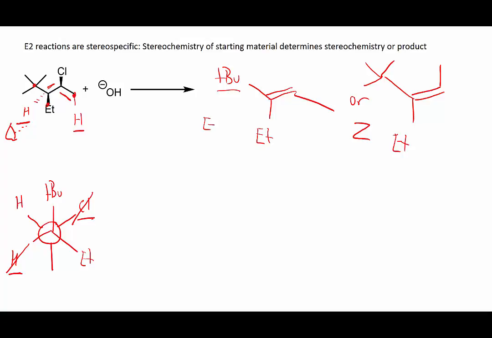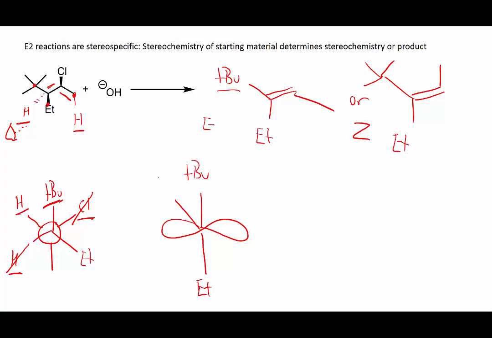They're already opposite, we don't have to rotate the bond at all, so let's redraw it with those eliminated. So we've got our front with the t-butyl, which will be opposite of the ethyl. We've got a new pi bond forming here. In the case of the back carbon, notice the hydrogen here is on the same face as the t-butyl.